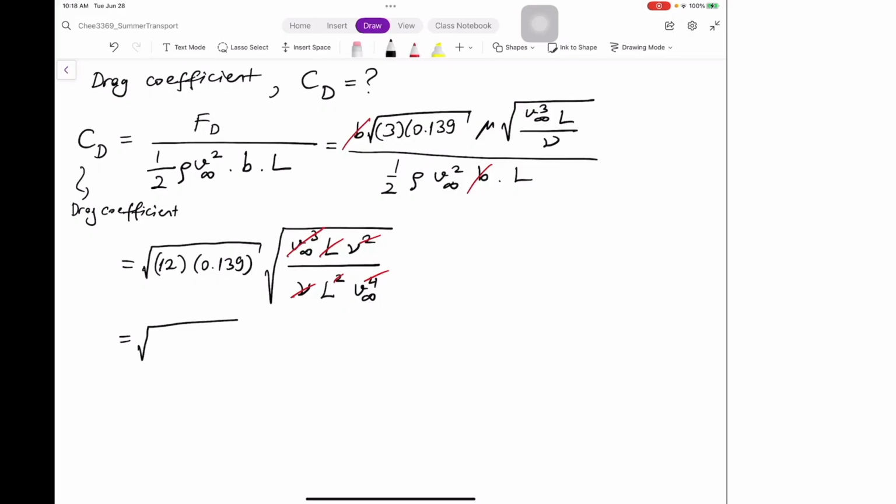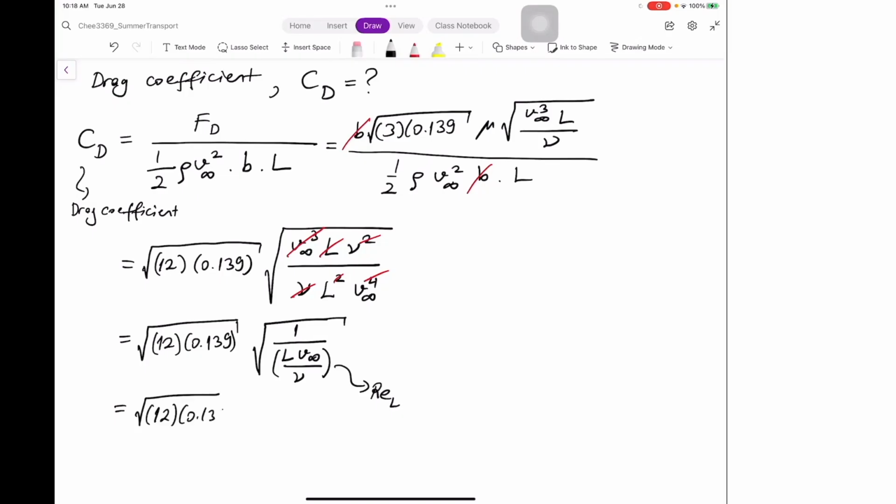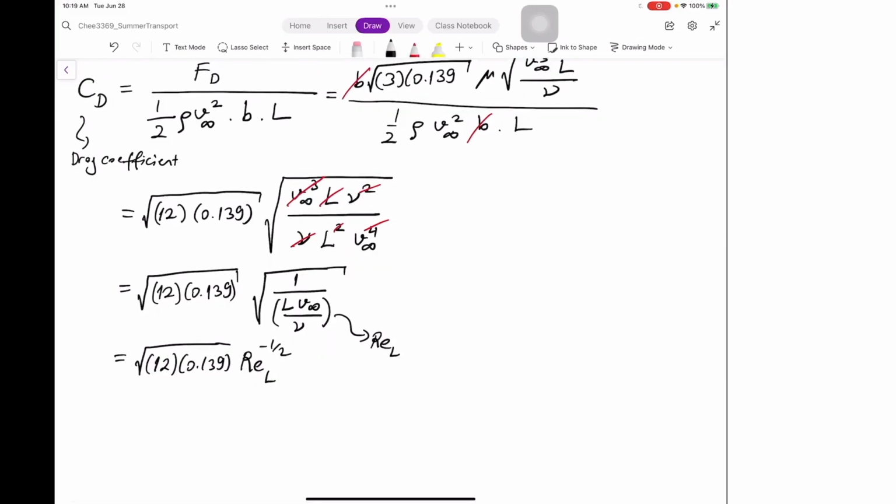So you get the following. Square root of 12 times 0.139, square root of 1 over, let's rearrange it, L V infinity over nu. This is the Reynolds number, right? Reynolds number L. So we found that it's 12 times 0.139 times Reynolds number L to the power -1/2, right?